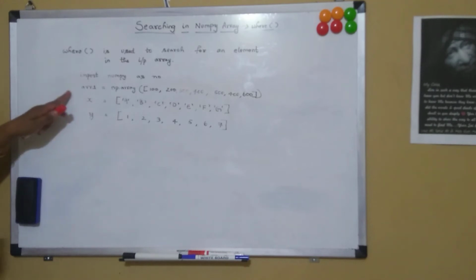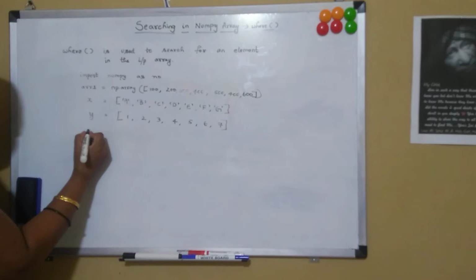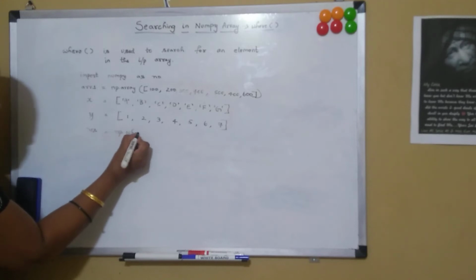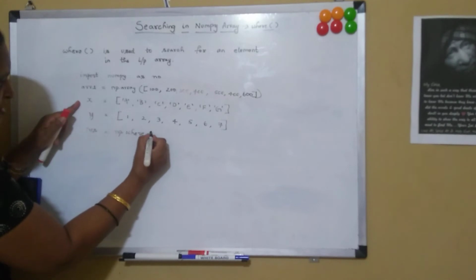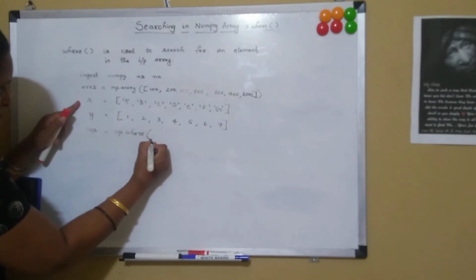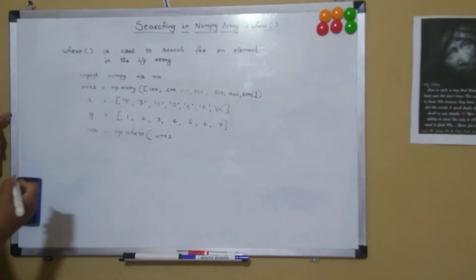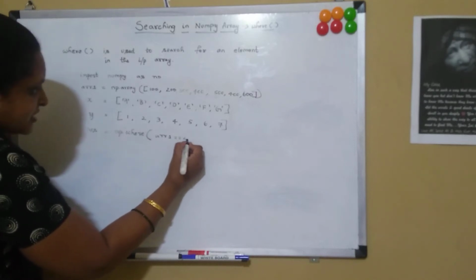So friends, this is the second scenario wherein we are checking for the condition and we are giving x and y as well. So now if I give my result is equal to np.where and I give the condition array 1 equal to 400.